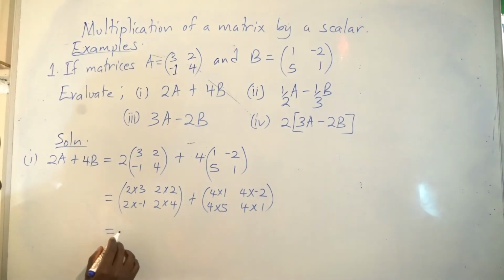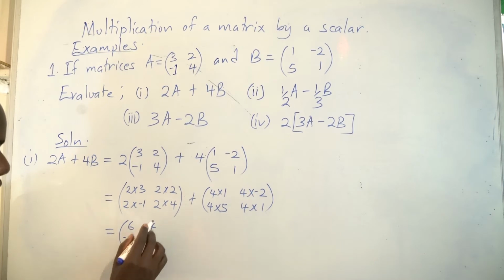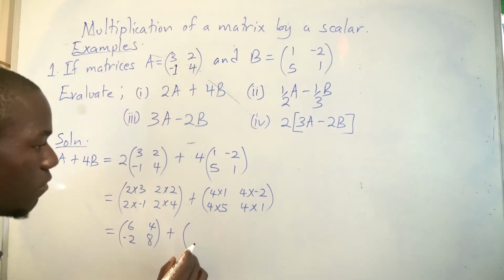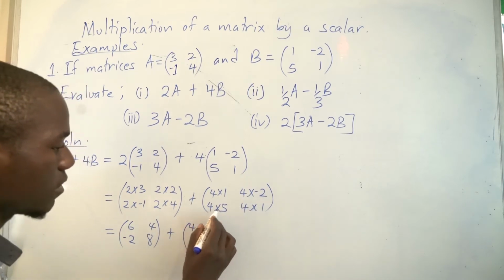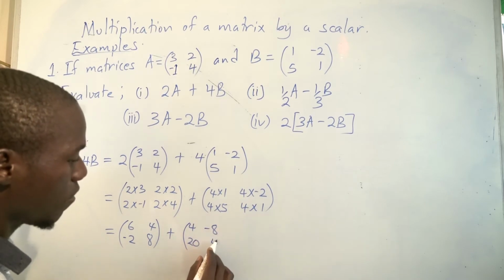So after multiplying, I'm having 6, 4, negative 2, 8, then addition of 4, negative 8, 20, 4.